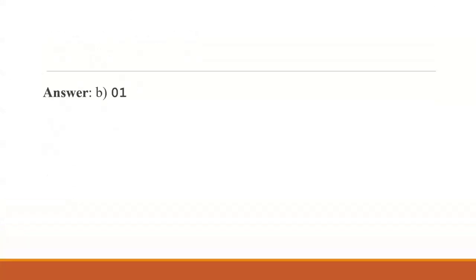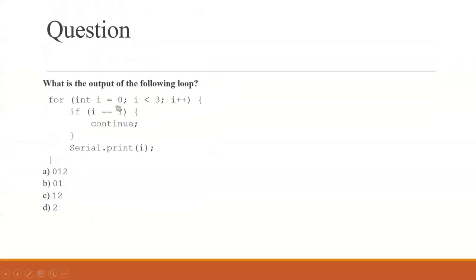It is 0, 1. First of all, it is initializing at 0. And as long as i is less than 3, you'll find that if i is equal to 1, you skip, then you print. So once you reach 1, you are going to continue and skip the rest and just print what you have.